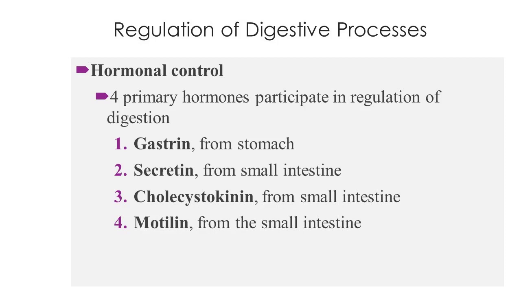So we're going to introduce these hormones that are part of the control of the GI tract, but we're going to get to their particular function when we get to the organ.